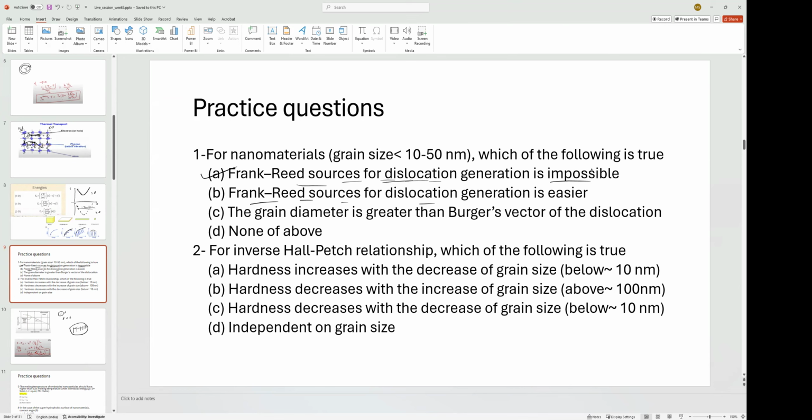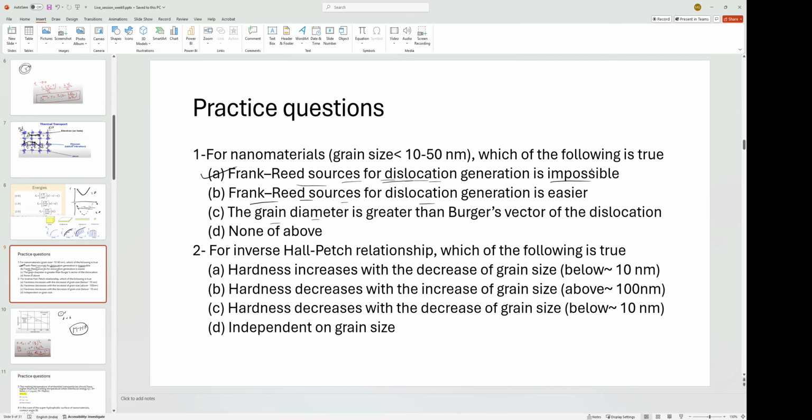In a grain, the diameter is greater than the Burgers vector. These are the Burgers vectors. For a nanomaterial, the grain diameter will be less than the Burgers vector.